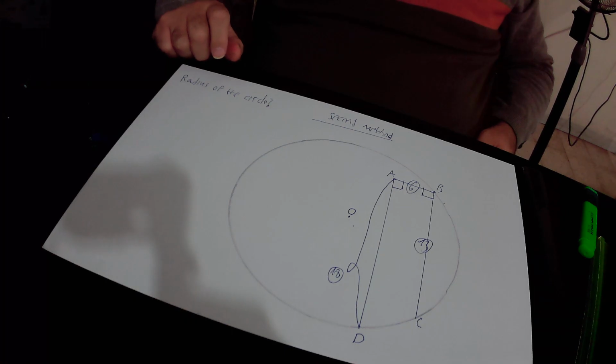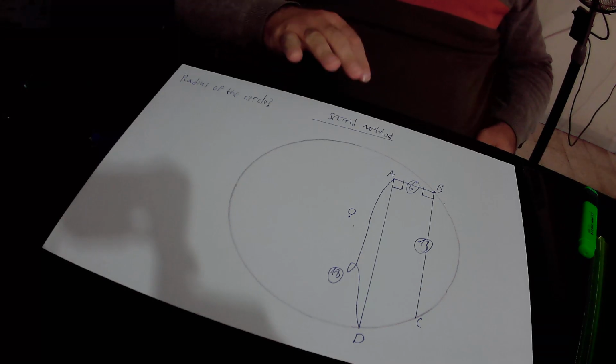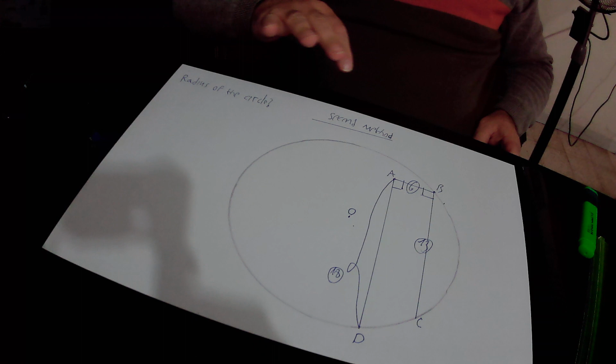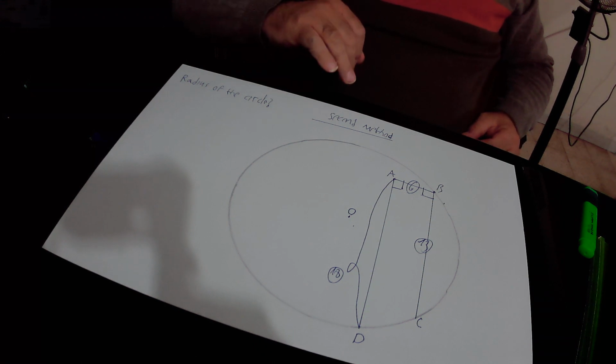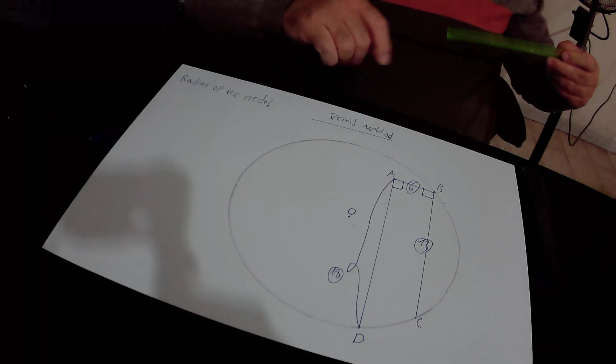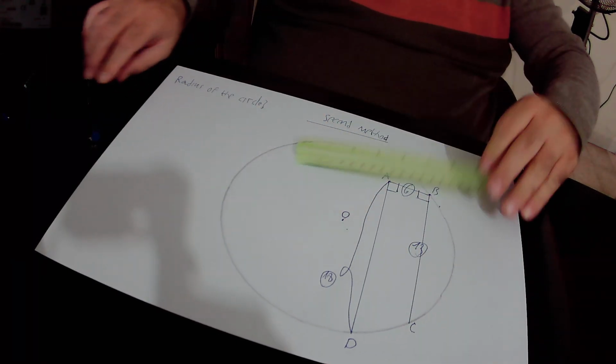In the second method, in the first step, we use all the things that we have already found out in the first method, so I will do it quickly. Here from point C, we will go perpendicular on AD.